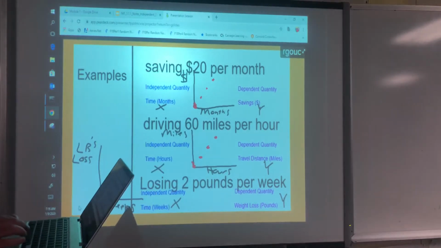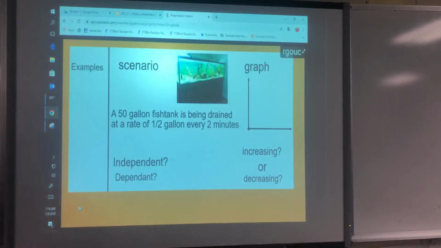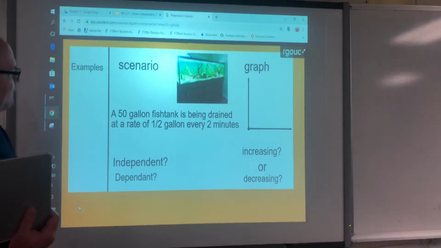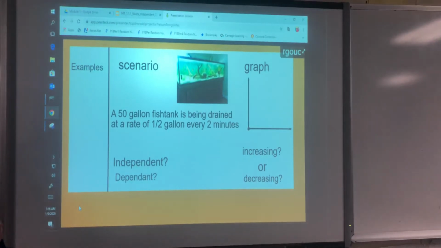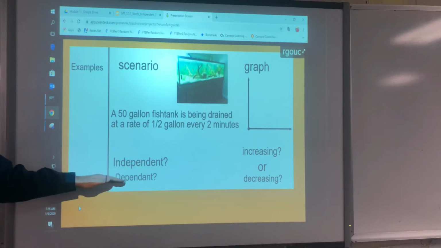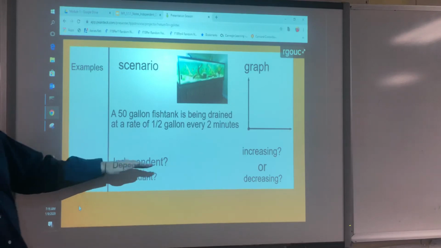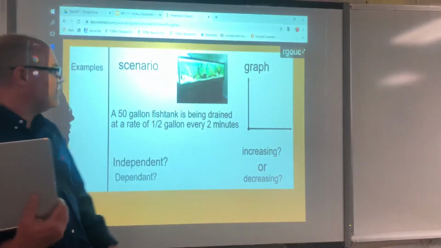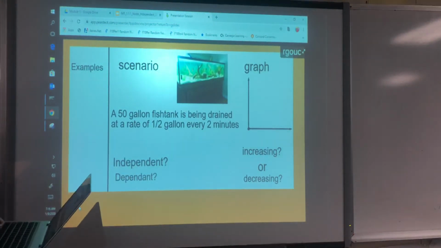All right. Let's look at some other scenarios here. So here we got a 50-gallon fish tank. It's being drained at a rate of 1/2 gallon for every 2 minutes. So I want you to think about what's the independent quantity, what's the dependent quantity, and is this graph going to be increasing or is it decreasing?